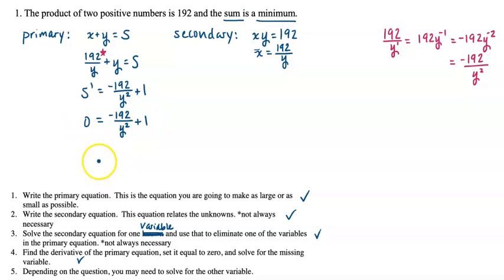Okay, now we're solving. So let's bring this 1 to the other side. We get negative 1 is equal to negative 192 over y squared. I know this y squared is in the denominator, so to get this out of the denominator, I'm going to multiply both sides by y squared.